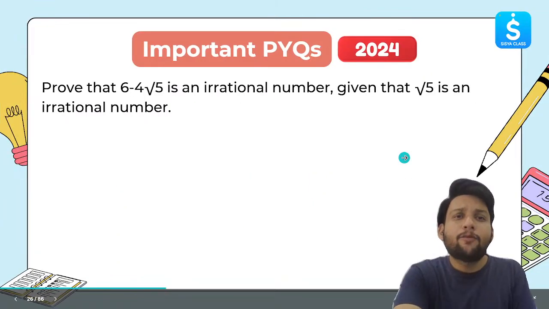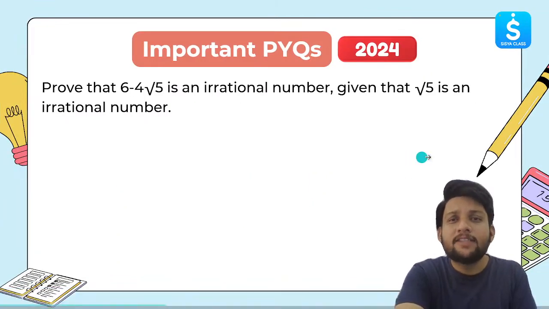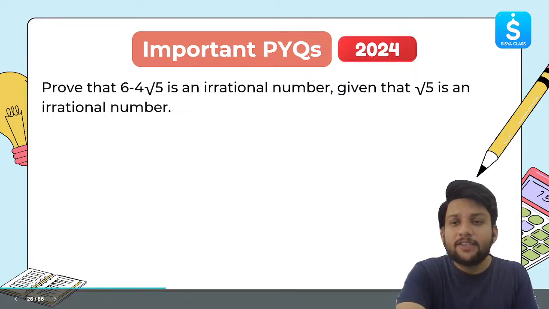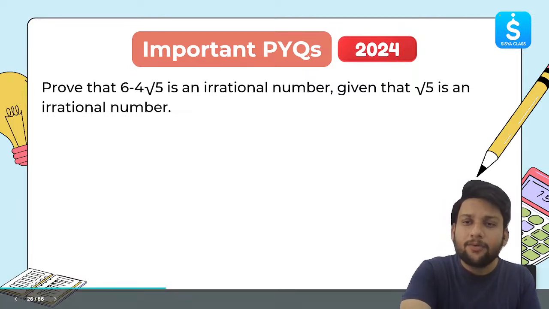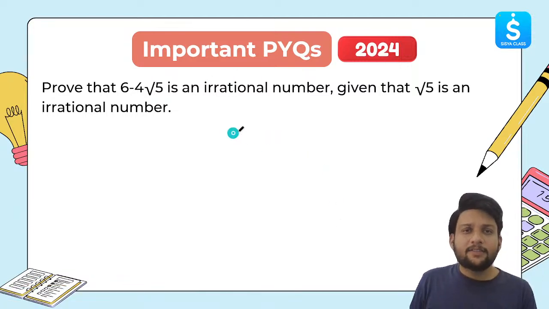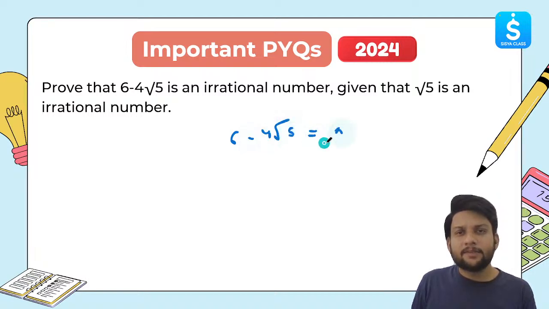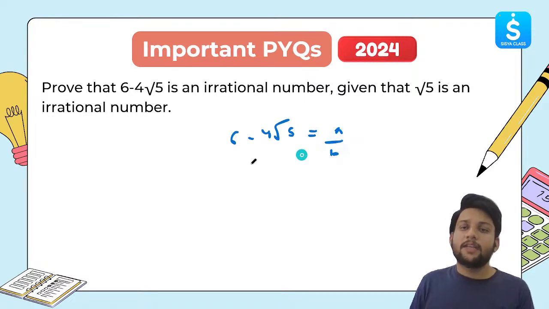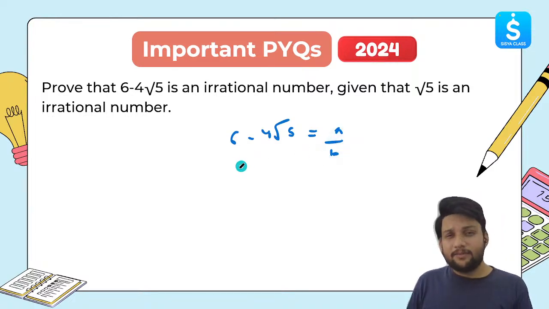Next, we have: prove that 6 minus 4 root 5 is an irrational number, given that root 5 is an irrational number. I have already taught you how to do that, but I'll tell you one more time. I will write 6 minus 4 root 5 as a by b. Then I will separate the roots on one side and the rational part on the other side.